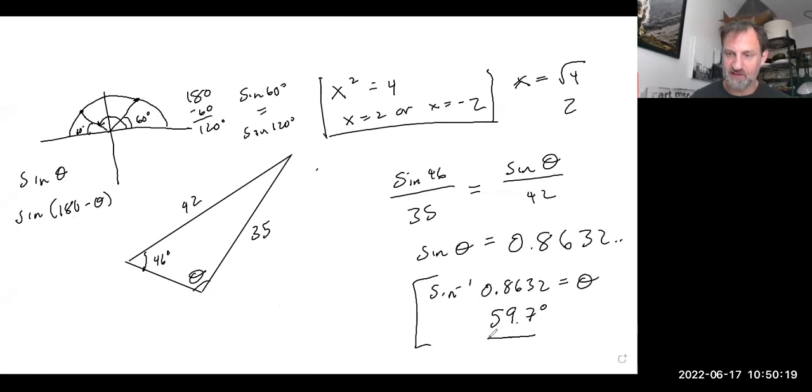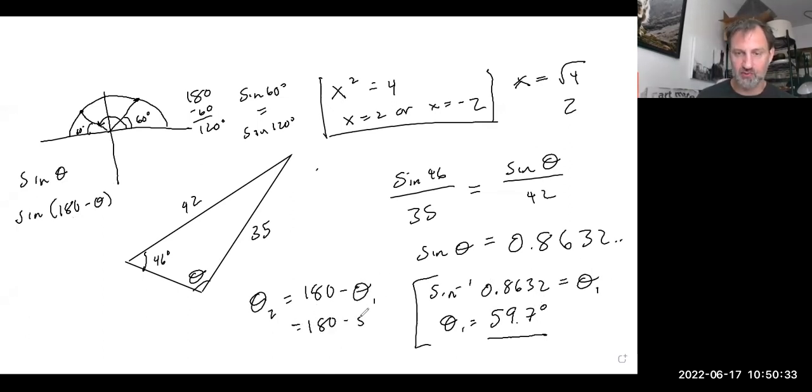If I find that this is one of my answers, I'm going to call it theta 1, then there's another possibility, theta 2, which is 180 minus theta 1. So in other words, 180 minus 59.7. So that makes the answer, this is rounded, 120.3 degrees.